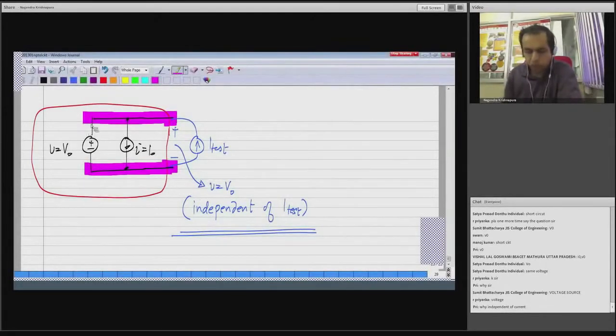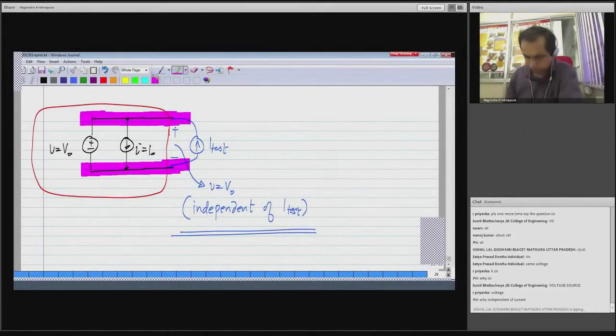So, we have this voltage source here. What does it mean to have an independent voltage source? It means that the voltage between its terminals will always be equal to V0, independent of how much current is flowing. And those two terminals are exactly the terminals that are coming out. So between these two terminals we have V0, independent of I test, whatever current you apply.